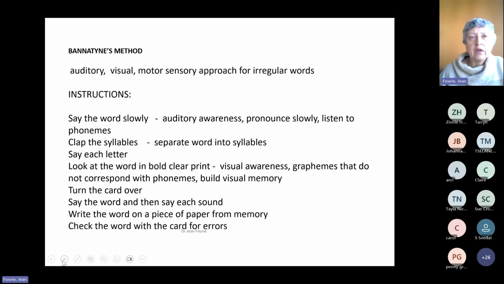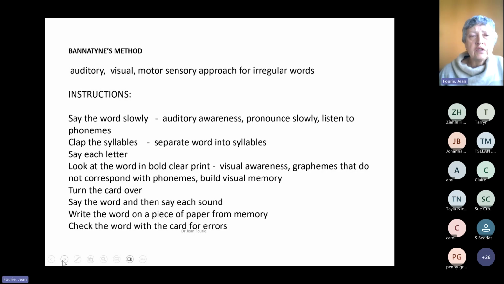They are not spelt with a clear correspondence. Therefore, a combination of auditory, visual, and motor sensory inputs on a regular basis, overtly taught, is useful for these irregular words.